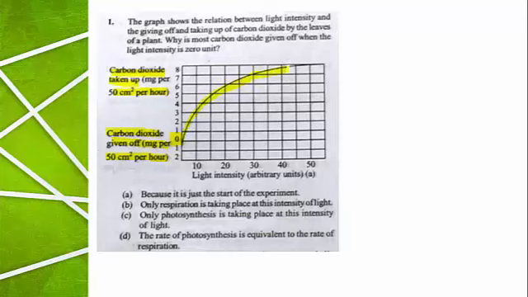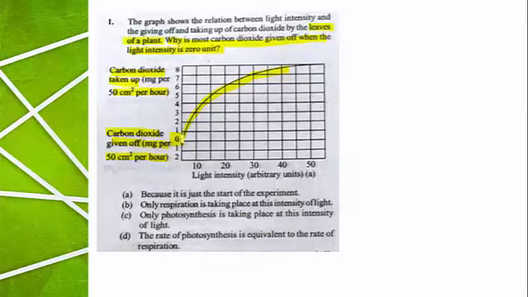Then the question is, why is the carbon dioxide given off when light intensity is 0? Very simple thing. Here the question is asked with reference to the leaves of a plant. It is not with reference to an organism or animal. Here it is the question with reference to plants.